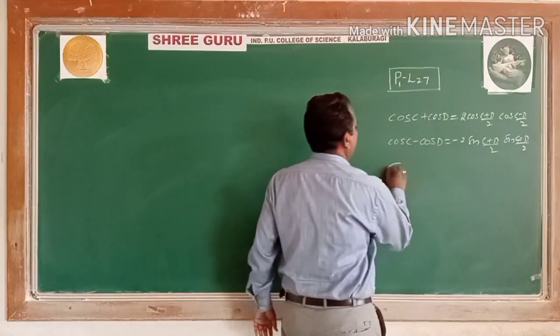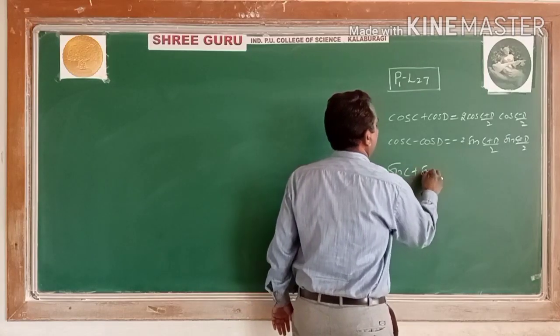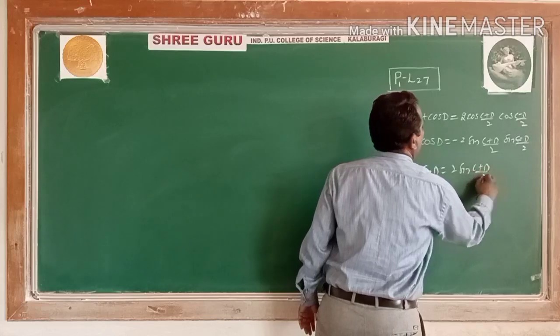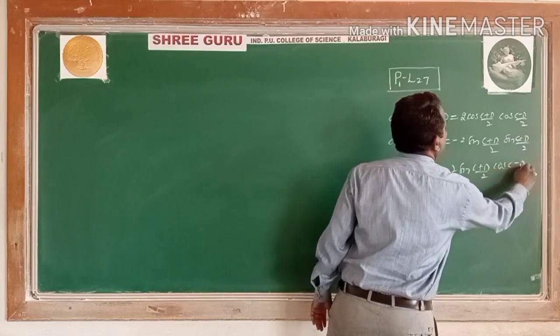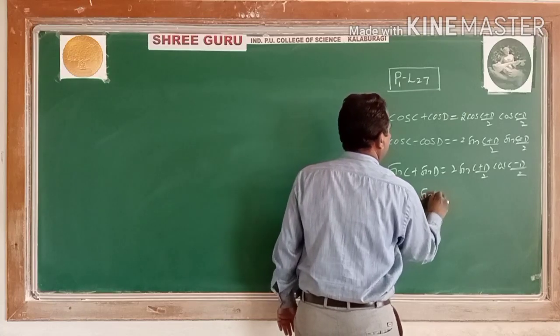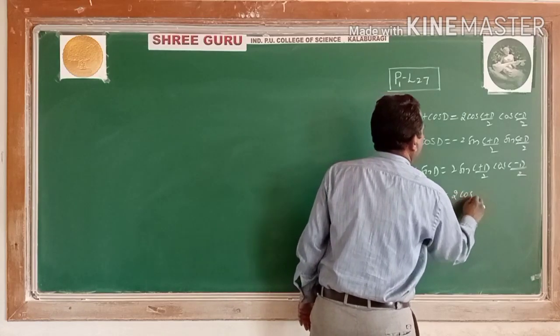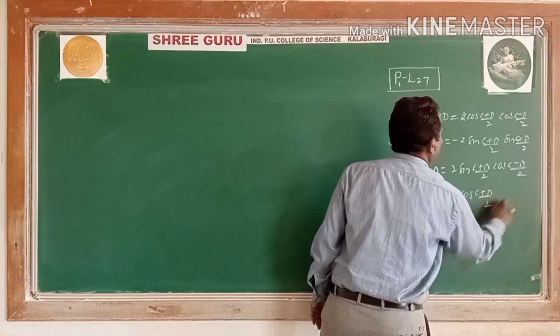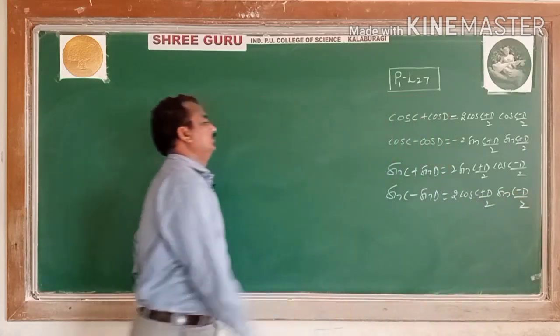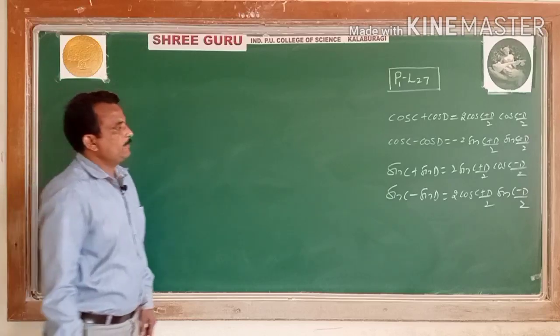Sin C plus sin D, first sine, then cos. Sin C minus sin D, first cos, then sine. So these are the sum and difference formulas.